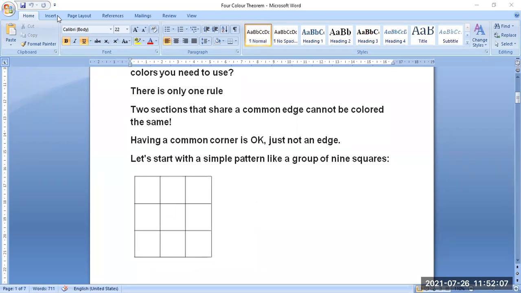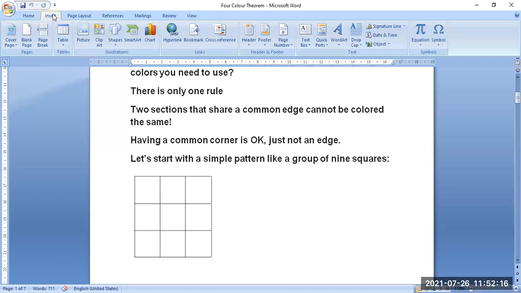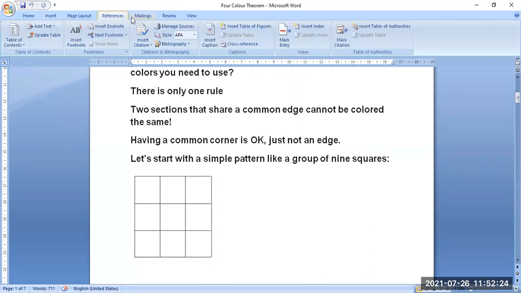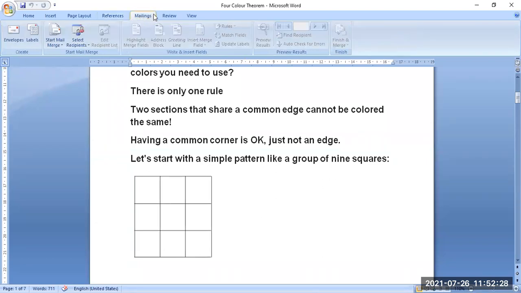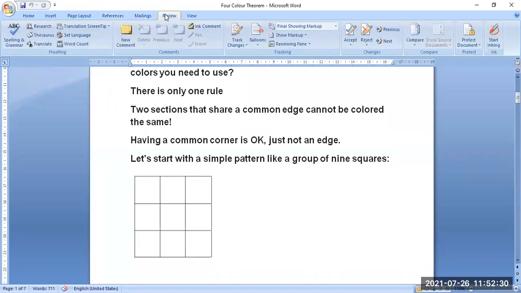Hello? Please tell me how many colors are required.